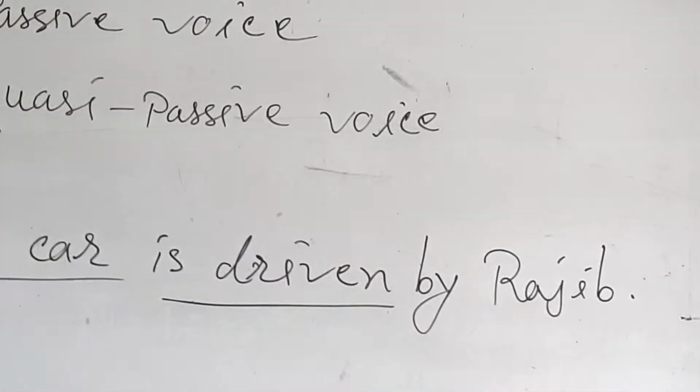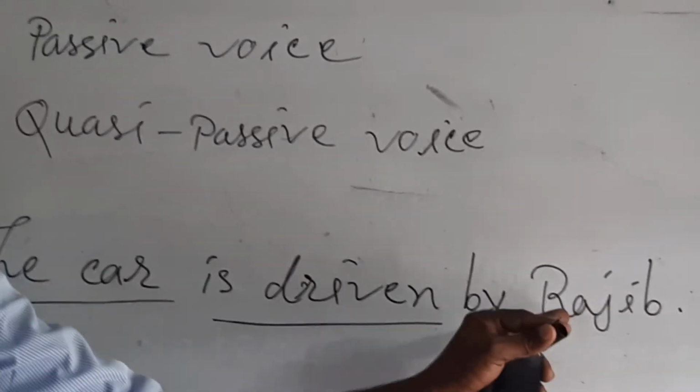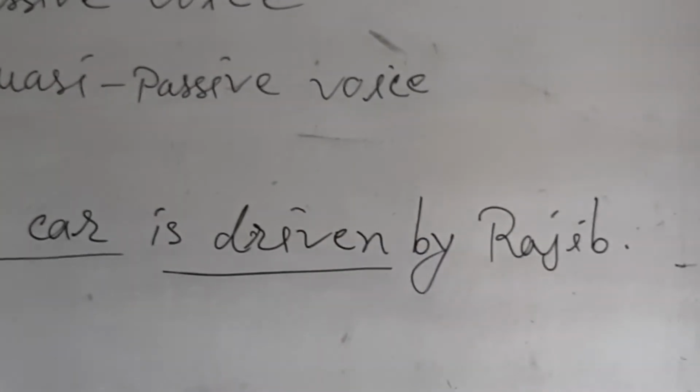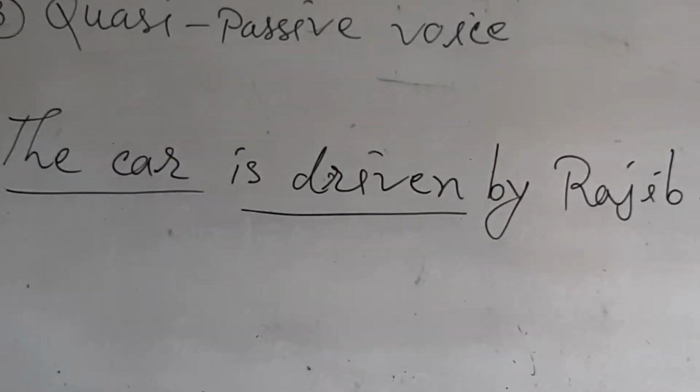The verb is in passive voice and the subject Rajiv is preceded by the preposition by as the object of passive voice.